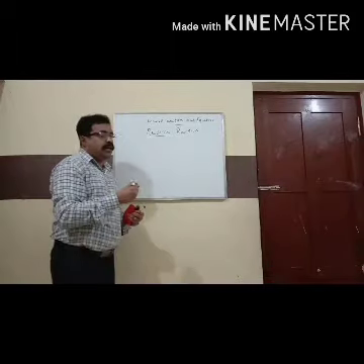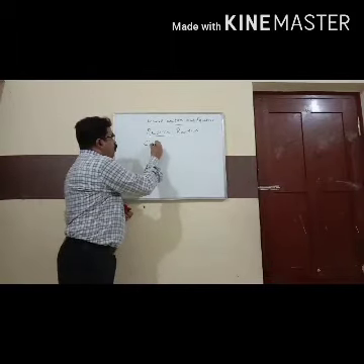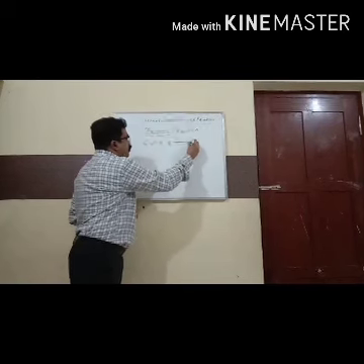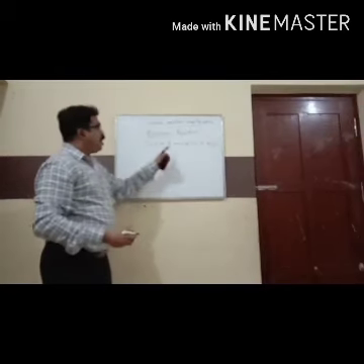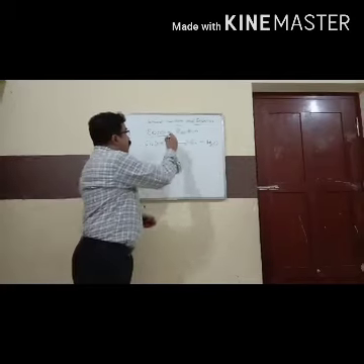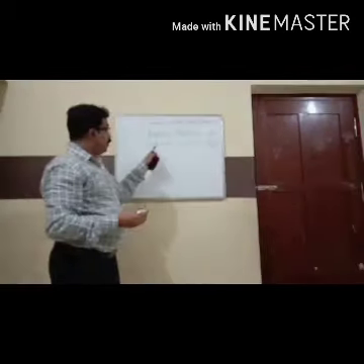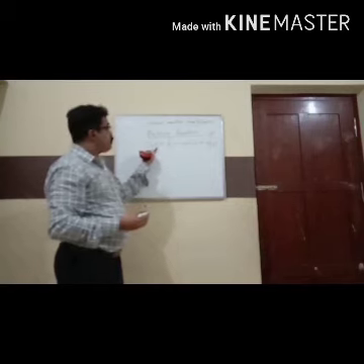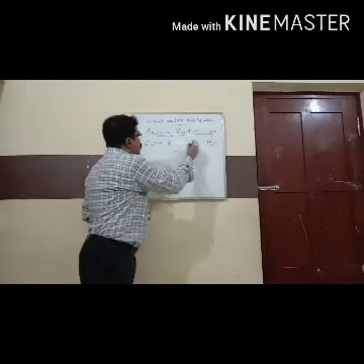We can take the same example which we took last, CuO plus H2 getting converted to Cu plus H2O. Here oxygen is added to hydrogen and it becomes water, so it is oxidation here. Here the oxygen is being removed from copper, so this is reduction.